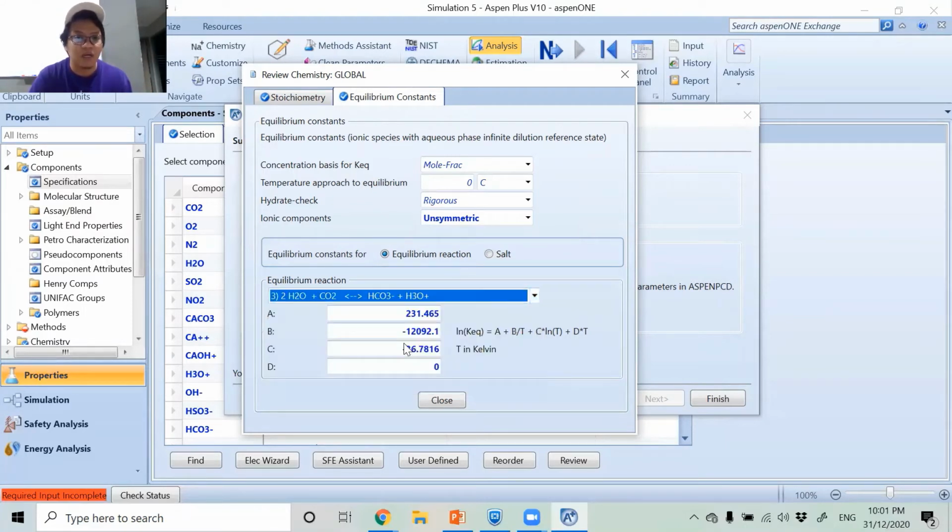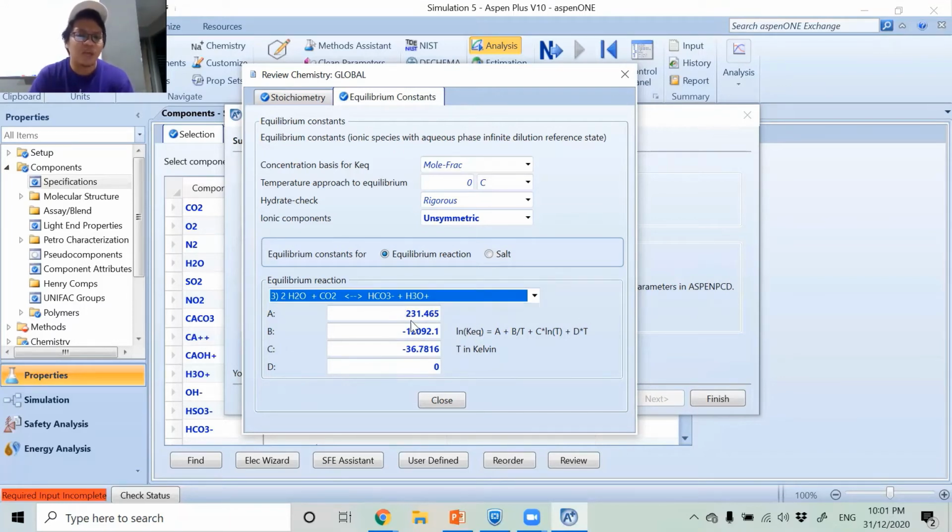Say for example, if I choose reaction number 3, Aspen Plus already has the data bank available, containing all of the parameters and constants that will be used to calculate the equilibrium constant.